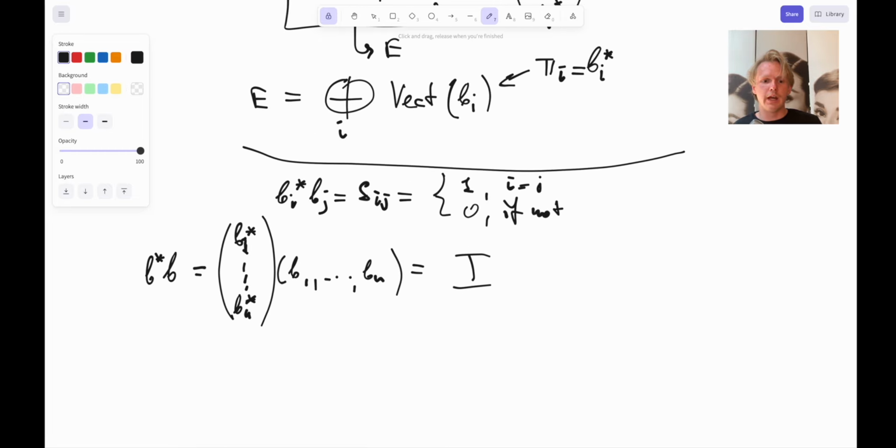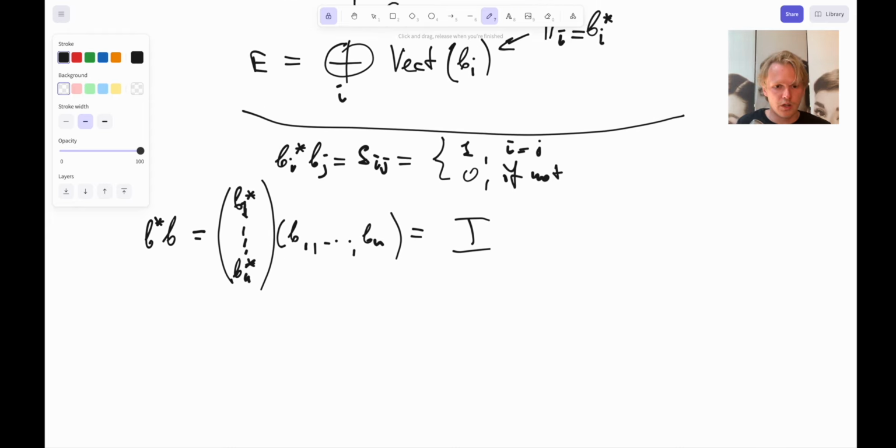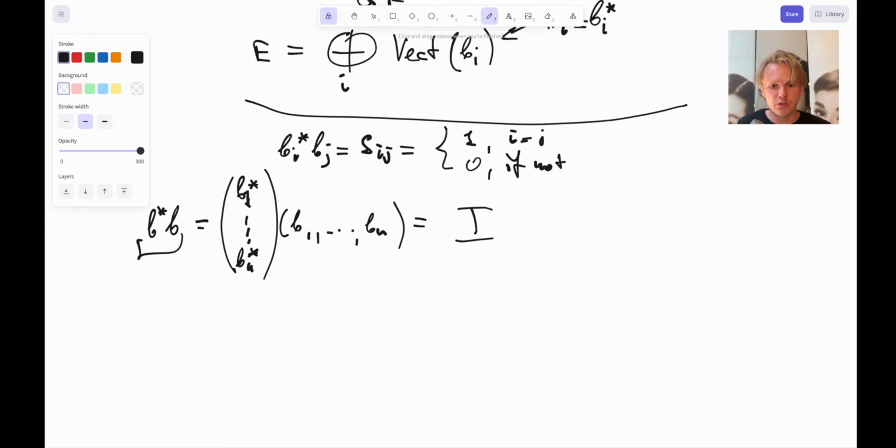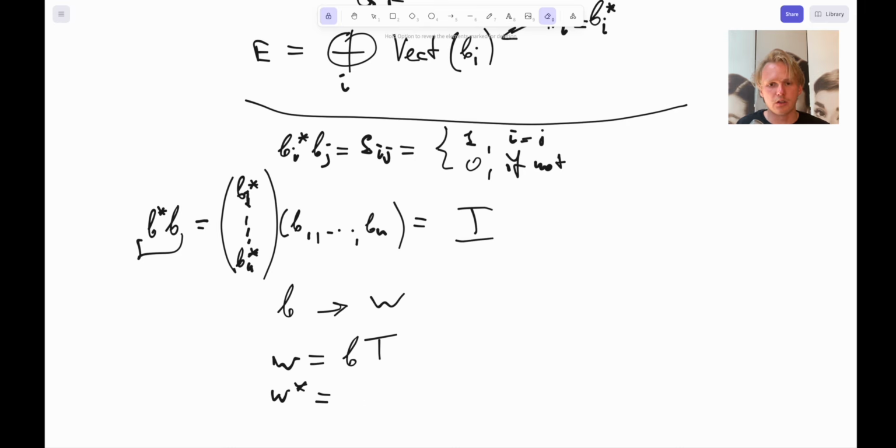Now if we want to incorporate the change of basis, we say that, for example, if we go from b to w, we learned that to get it, we write w as b times t, in the sense we discussed earlier. And if we have its dual basis w star, we get it from the old dual basis with another matrix that we call c, for example. We need to write it on the different side, because now it's a column.